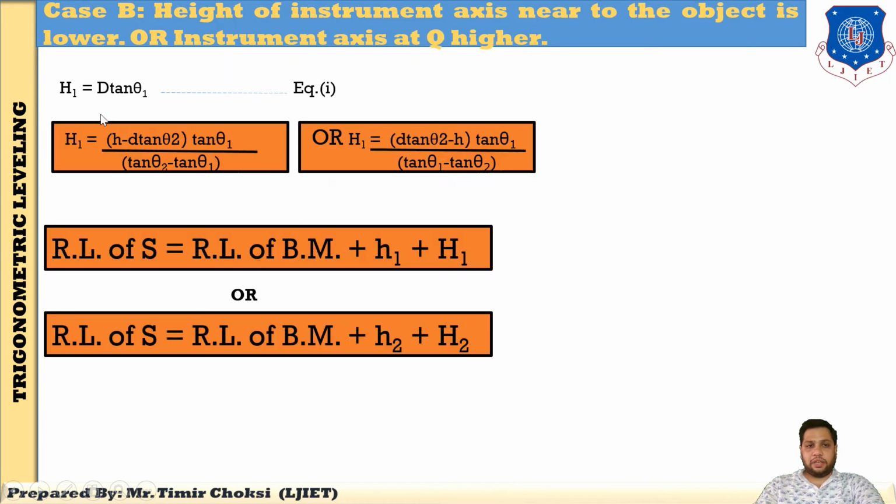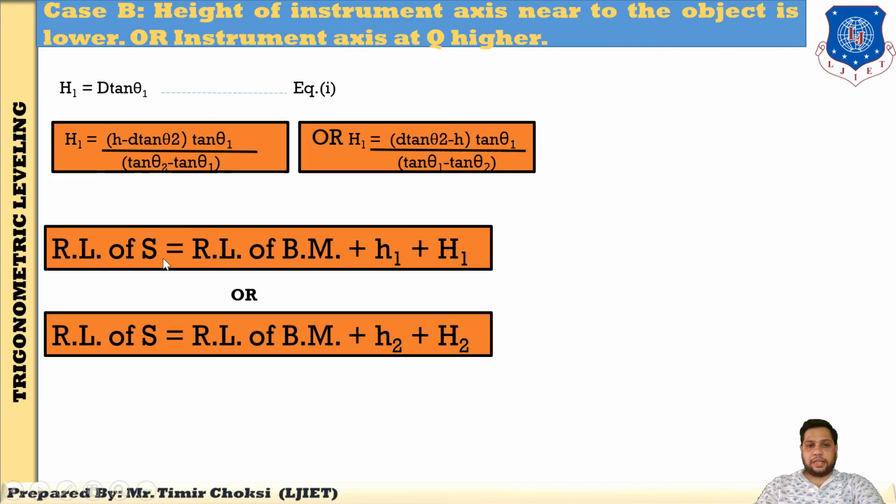So h minus d tan theta 2 over tan theta 1 minus tan theta 2, minus tan theta 1. Since you are getting the h value on the opposite side, you get the formula of h1: d tan theta 2 minus h tan theta 1 divided by tan theta 1 minus tan theta 2. Remember this formula.